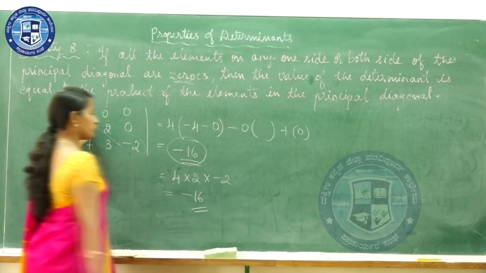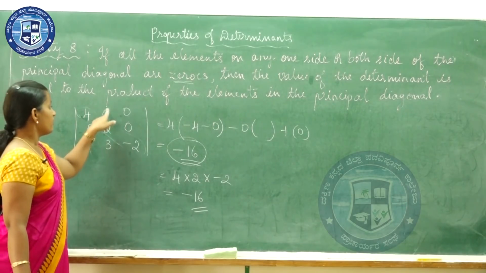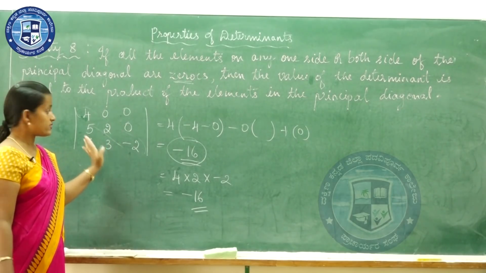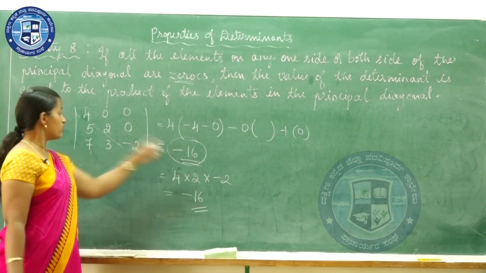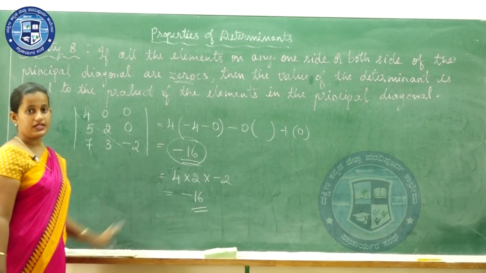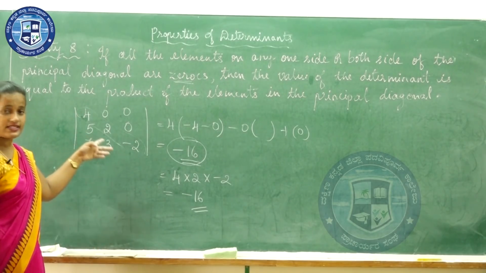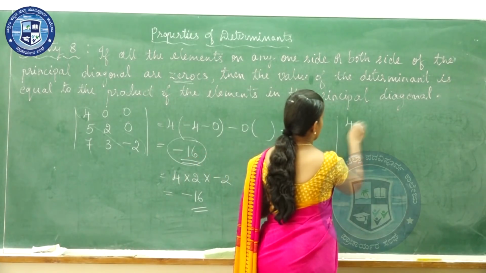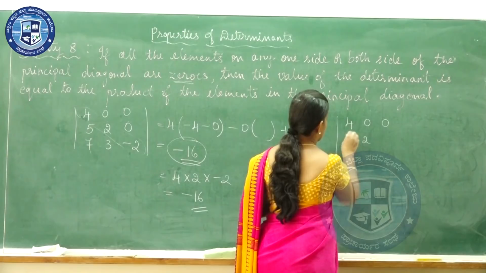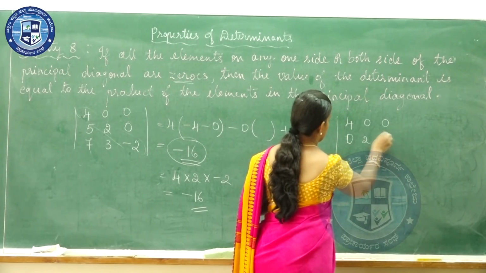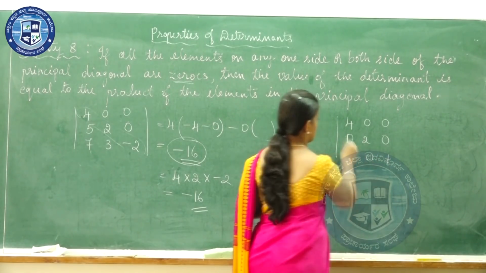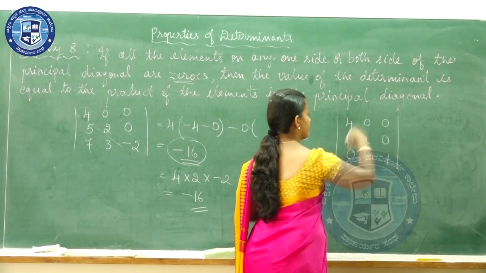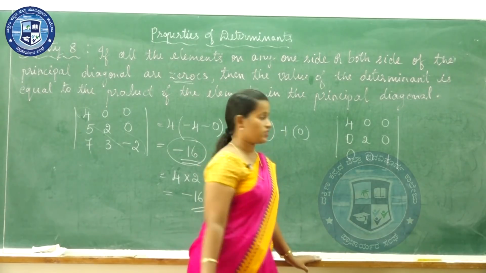So the answer that you get when all the elements on any one side or both the sides are zeros, then the answer will be the product of the principal diagonal. Let me take one more example with zeros on both the sides. Say 4 0 0, this is also 0, 1 0 0. So this is the principal diagonal. Elements on both the sides are all zeros.